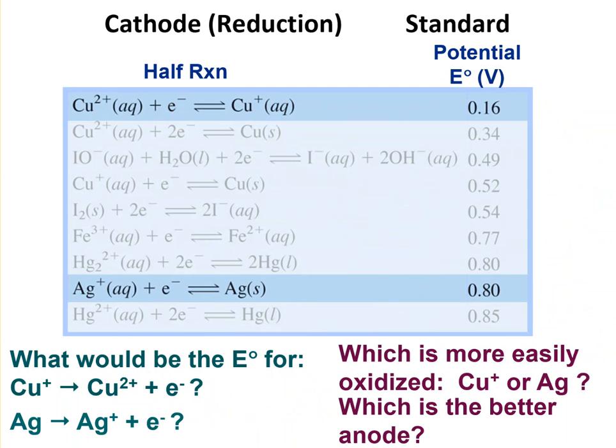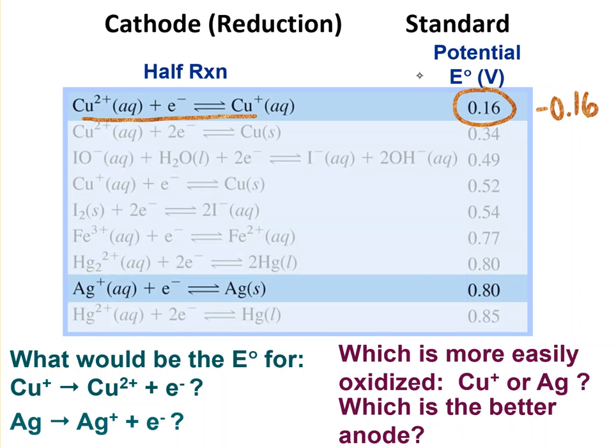Okay, let's do another example using the table. So I have a reaction down here, and I'm wanting to know the potential for this reaction. Well, I look up on the chart, and that's not the reaction that's given. To get the potential for this reaction, I need to change the sign because this is opposite of that one. So I'm going to go to a minus 0.16.